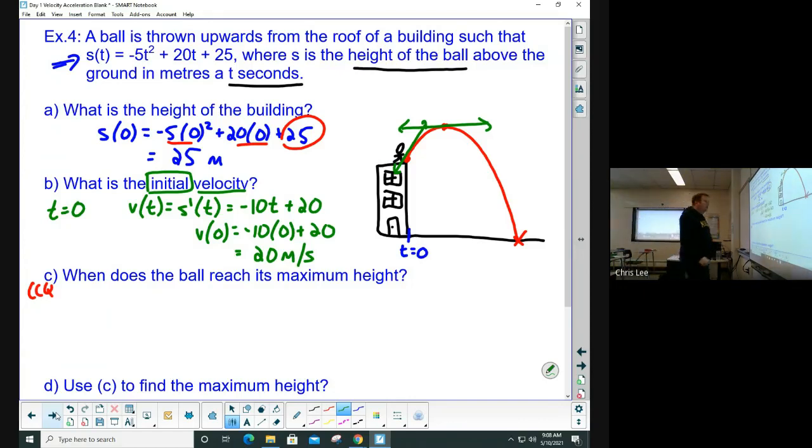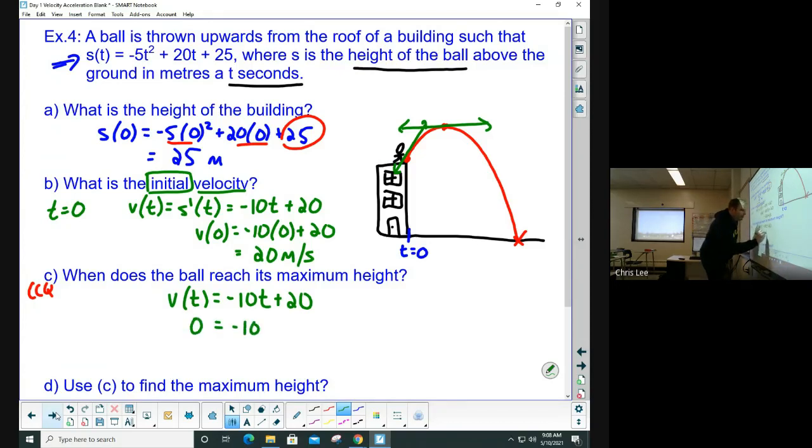And so, when does the ball reach its maximum? We already know the velocity function is -10t plus 20. At the maximum height, the velocity is going to be 0.